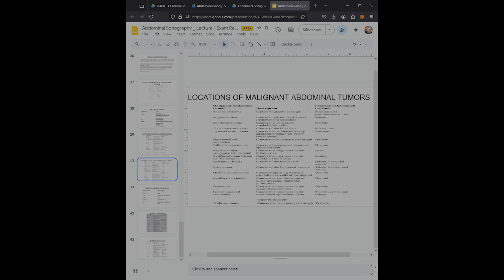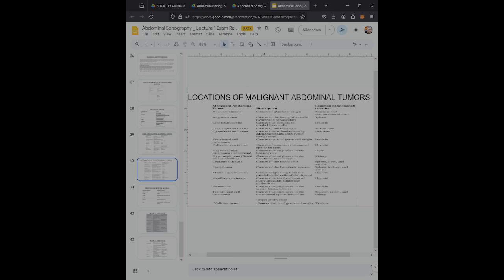We also have malignant abdominal tumors. And these carry with them, I wouldn't call it a prefix, but I would say they carry the suffix carcinoma or sarcoma.